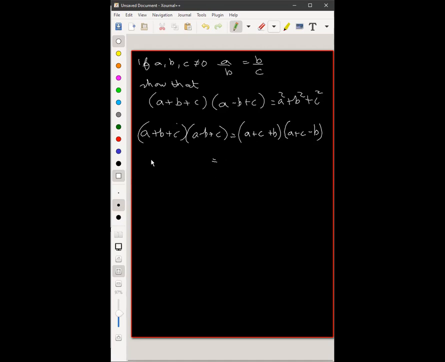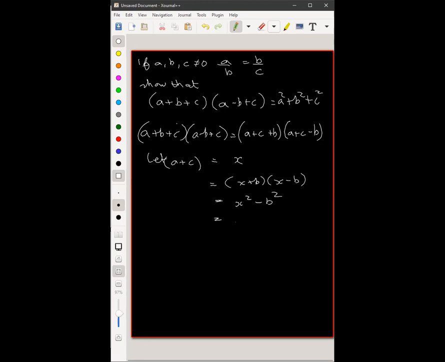Then a plus c becomes common, so let a plus c be, let's say, x. Okay, it becomes simpler to solve. So what will this become? x plus b into x minus b, which is x square minus b square.